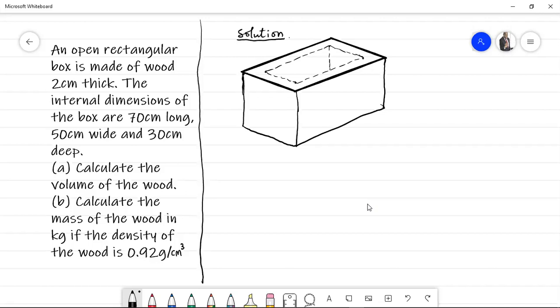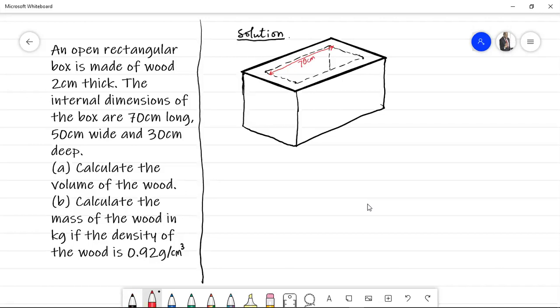So there are a few things we need to talk about. Number one, we have to talk about the dimensions inside the box. Let me use a different color to show that. From this point to this point, which is from here straight down to the other end over there, is the length of the internal dimension, which was given as 70 centimeters.